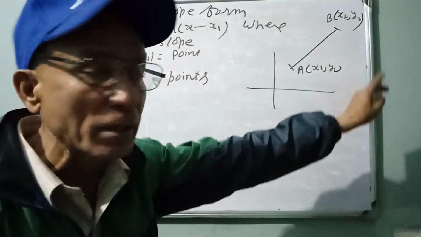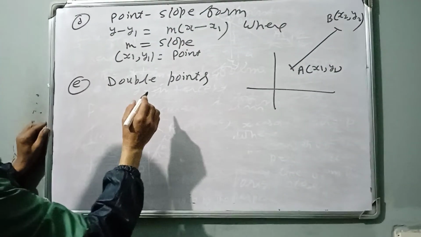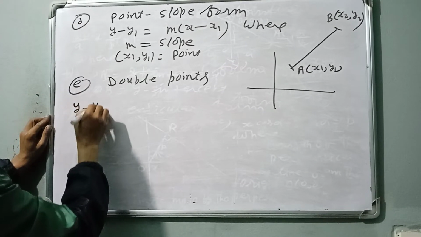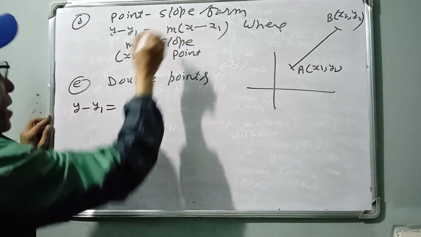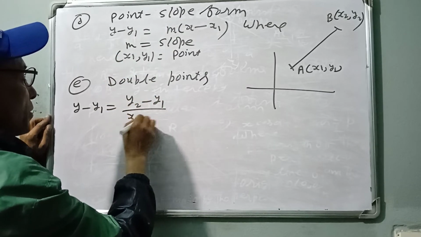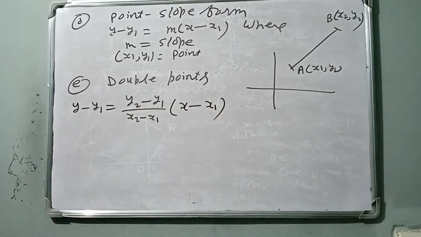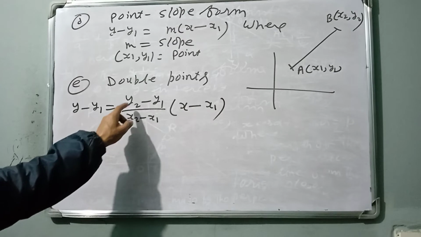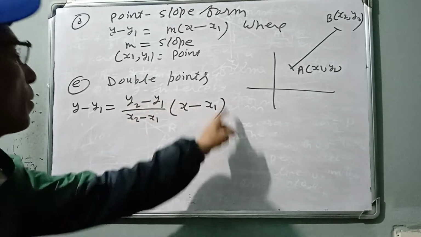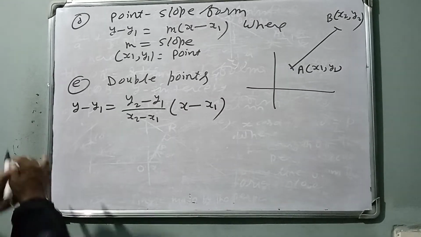If 2 points are given, the double points or 2 points formula is similar. Y minus y1 equal, instead of m, write y2 minus y1 by x2 minus x1 into x minus x1. Double point form: y minus y1 equal y2 minus y1 upon x2 minus x1 into x minus x1. 5 standard forms.